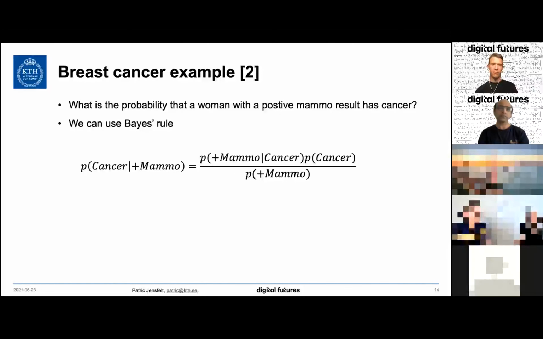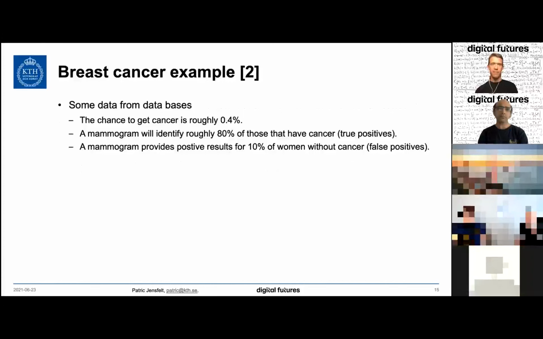In order to make some calculations here, we need some data. And the source 2 here that I will reference soon presents that type of data. They said that there's a rough chance of getting cancer at about 0.4%. So in 10,000 women, there would be about 40 that have cancer.